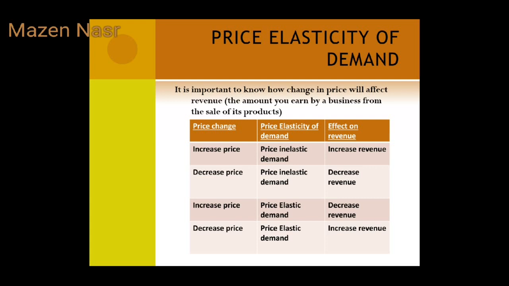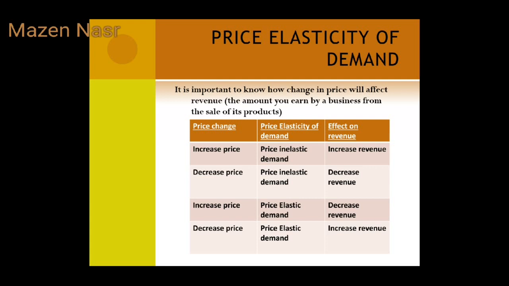And the opposite is true. But if I sell a product like fuel, for example, and I increase the price, the demand is inelastic, so my revenue will increase. So it depends on the product you are selling.